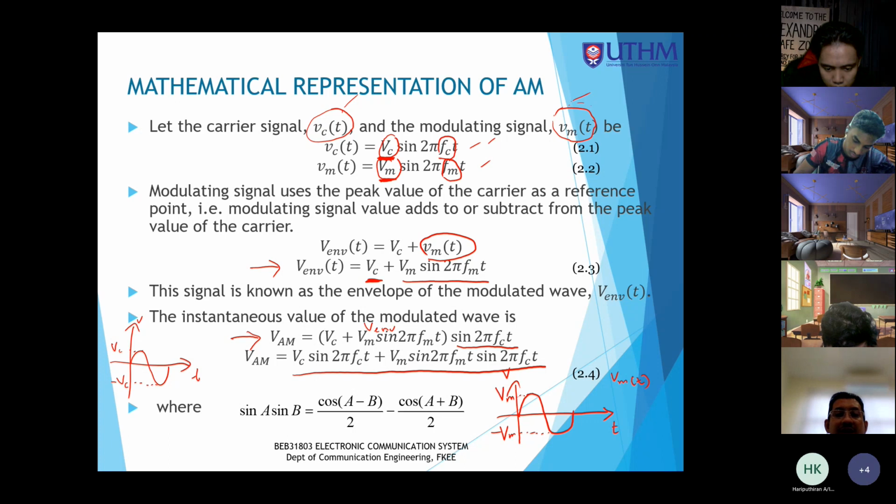Kalau dilihat dalam nota ini diberikan input dalam sebutan sine wave. Sebenarnya, for your information, in the real world, the input is not like this. Dia bukan secantik sine wave. Kenapa macam tu?